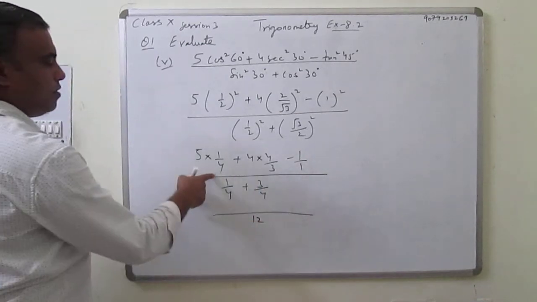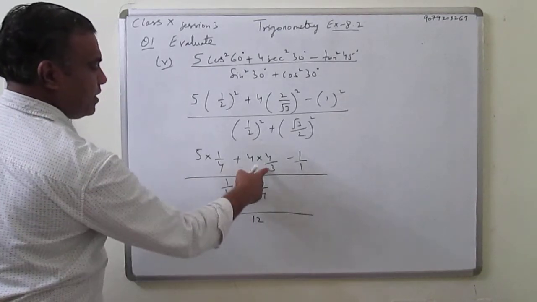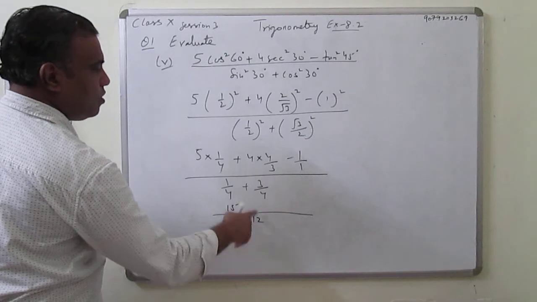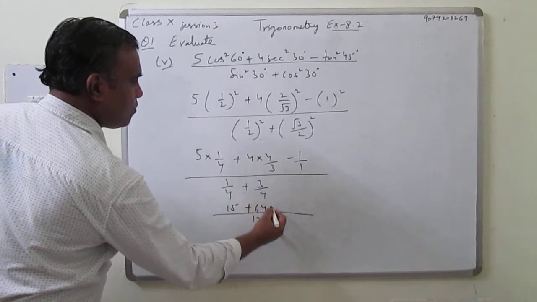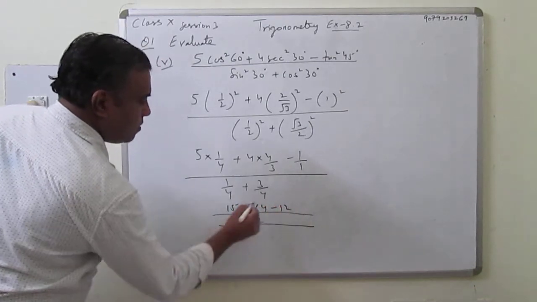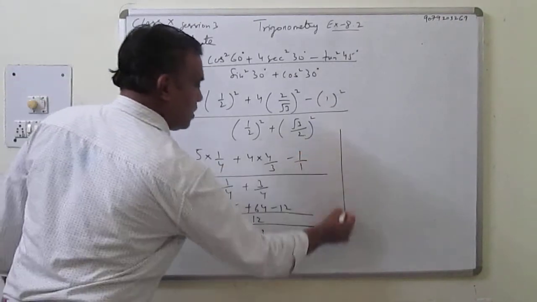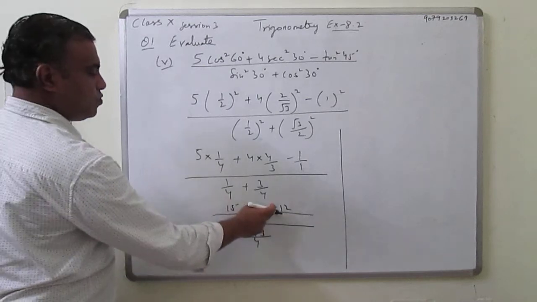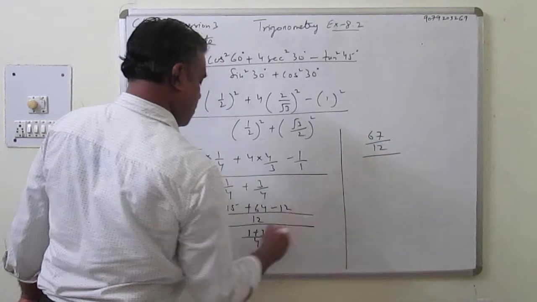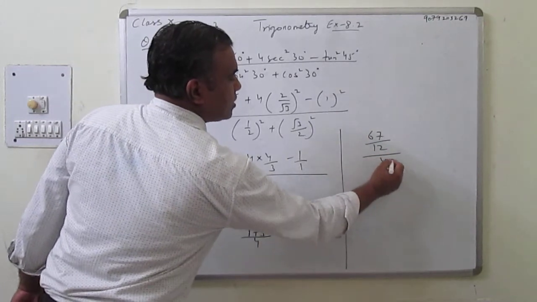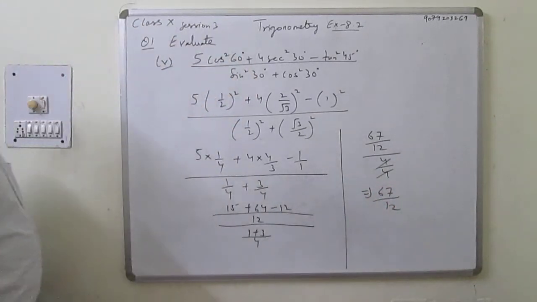Now 12 divided by 4 is 3, so 15 comes here. 12 divided by 3 is 4, so 4 into 16 is 64. 15 plus 64 minus 12 upon 12, and the denominator becomes 1. So this is 67 upon 12, and the 4 upon 4 cancel out, so the answer is 67 upon 12.